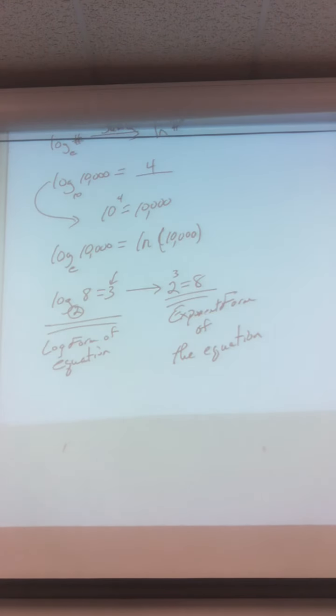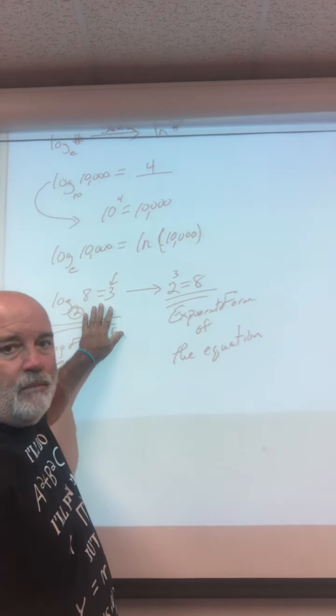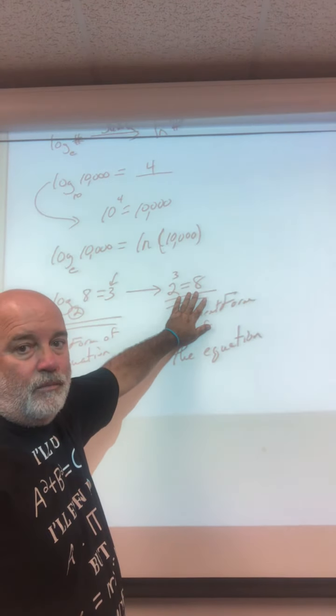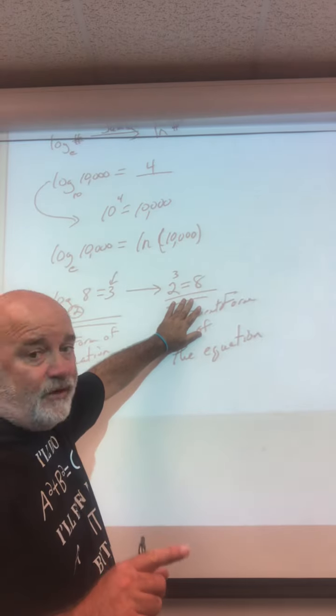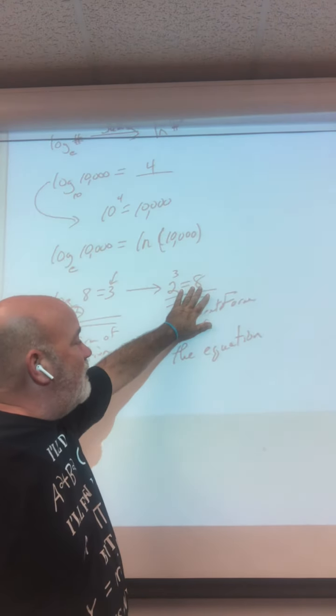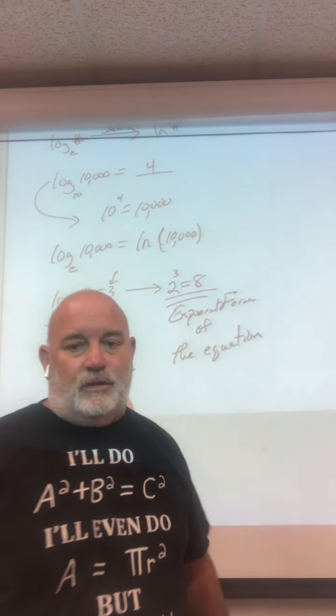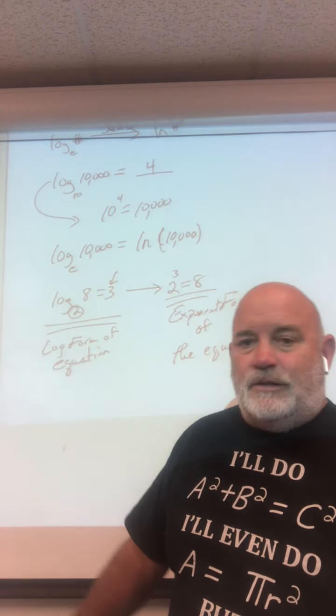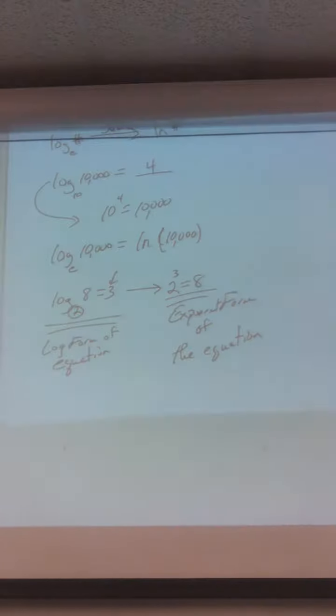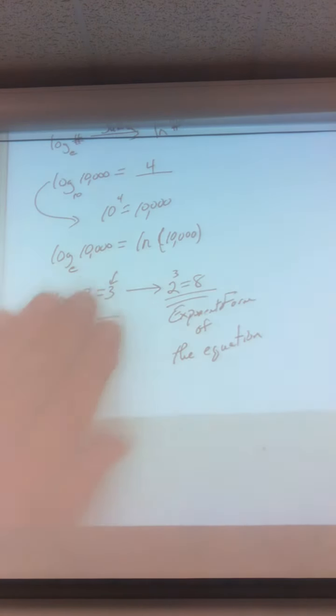So, if I give you the log form, you ought to be able to convert it to the exponent form. And vice versa. If I give you the exponent form of the equation, you should be able to write the log form of the equation. That's real easy to do. All right, so let's do a few of those. Write these instructions down.